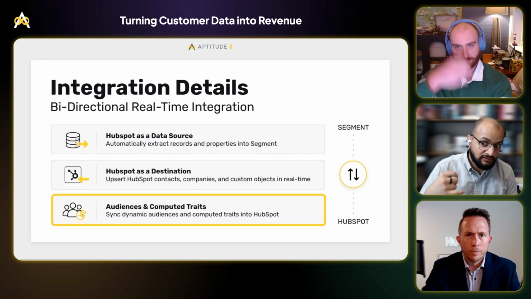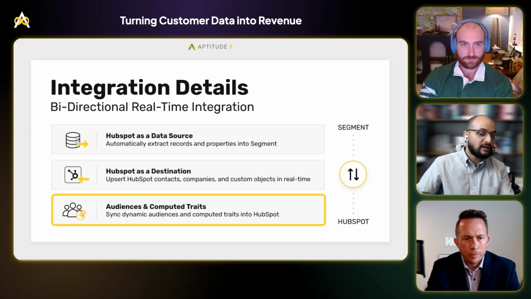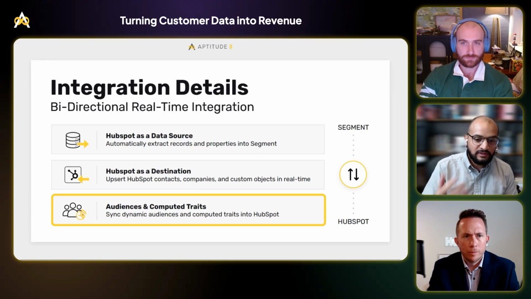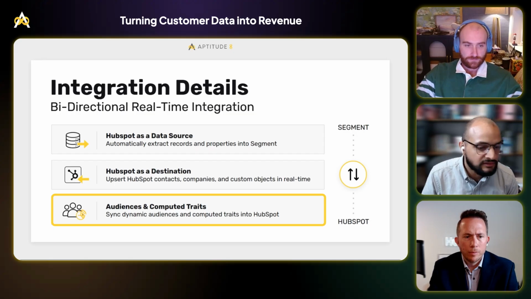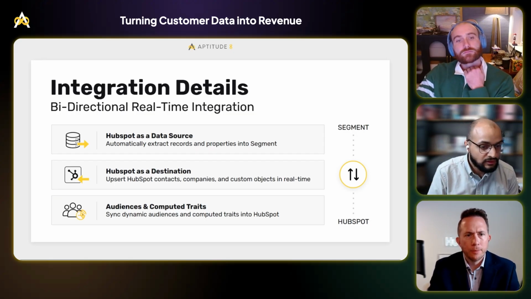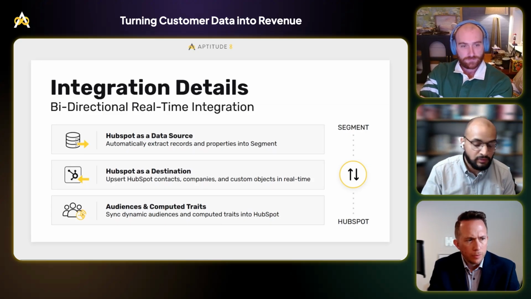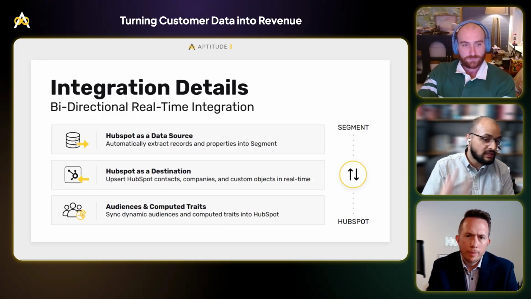In addition to that, we have audiences that can leverage those traits, to say, okay, give me everybody that's had a very frustrating experience in the past week, or somebody that's completed a trial and they haven't onboarded yet, or they're stuck somewhere in the onboarding process. So we have these ways to create these cohorts. Both of these can then sync to HubSpot as properties, as list memberships, and they update in the moment, whenever the data changes.